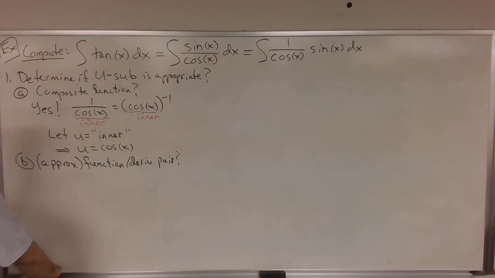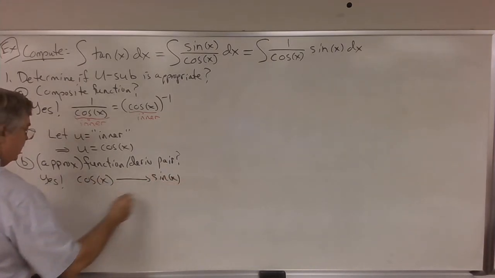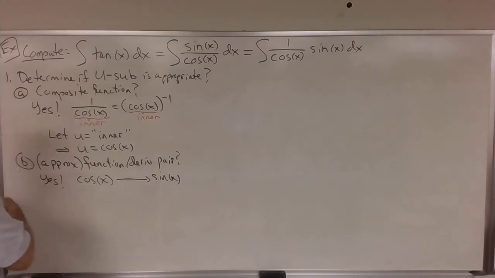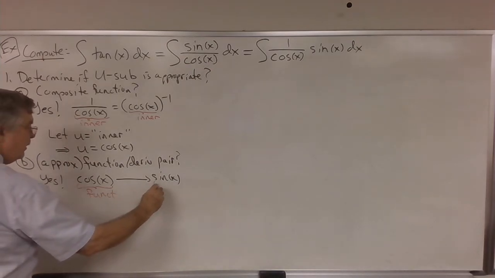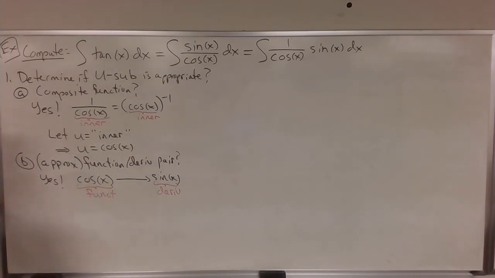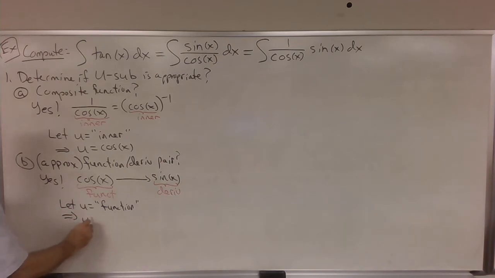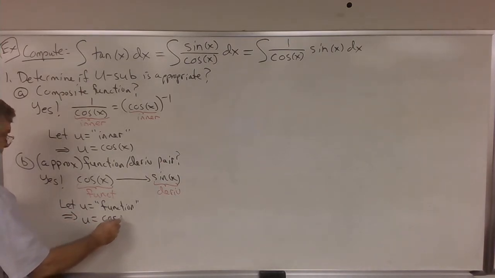And let me give myself some wiggle room here. Yes. And we'll say cosine of x, sine of x, and here's our function. Here's our derivative. And our rule of thumb is that we let u equal the function. And that tells us that u equals cosine of x.